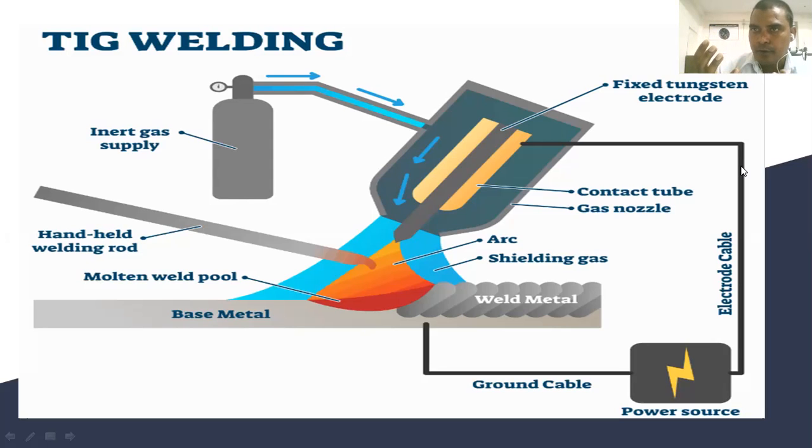When we want to weld carbon steel, we use TIG welding. Stainless steel is also welded by TIG welding. Nickel, aluminium, magnesium, brass, copper, bronze, titanium: these are the metals which can be easily welded with the help of TIG.